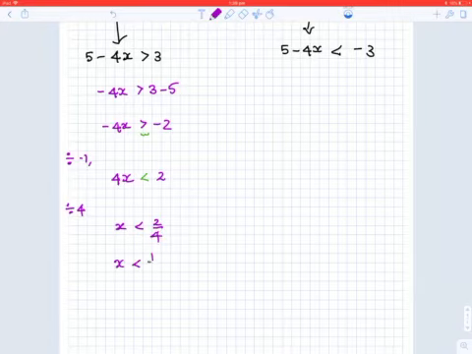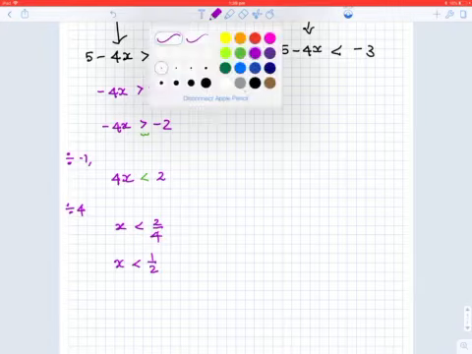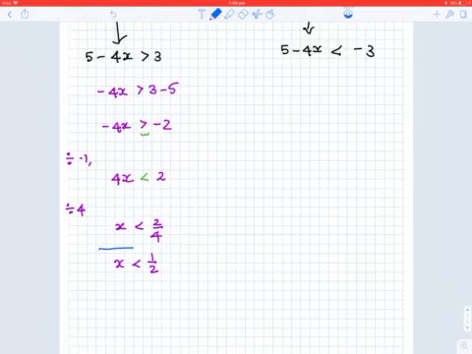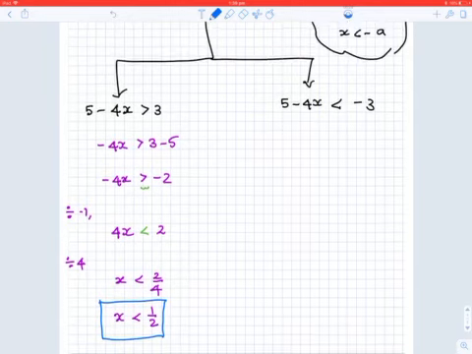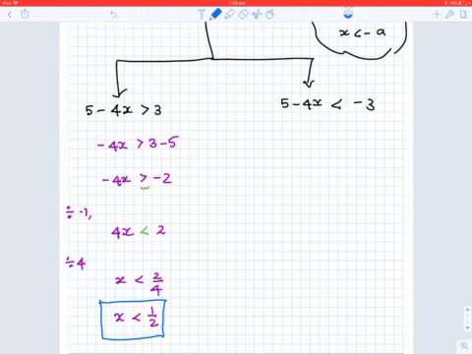Now I divide by 4, which gives x less than 2 by 4, or x less than half. Anything x less than half is a solution.